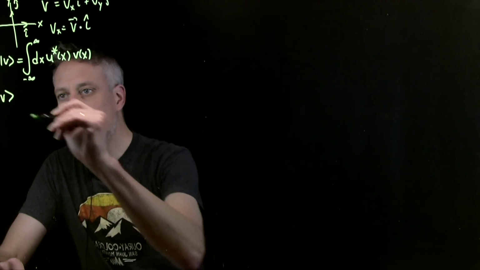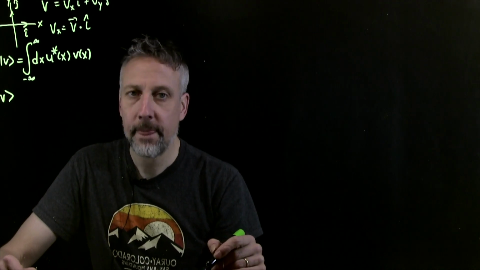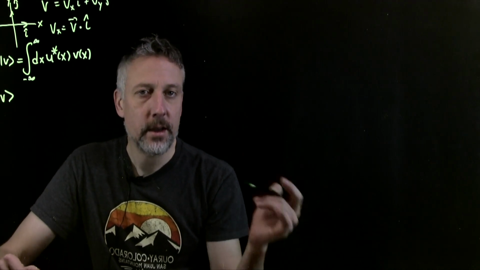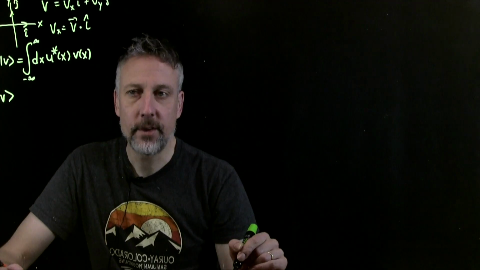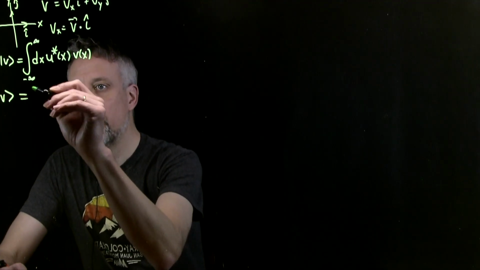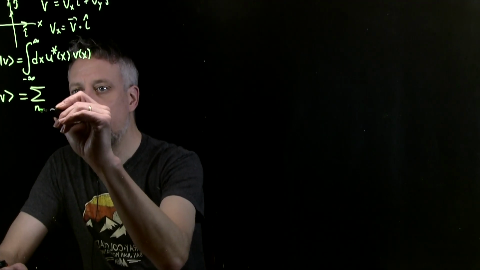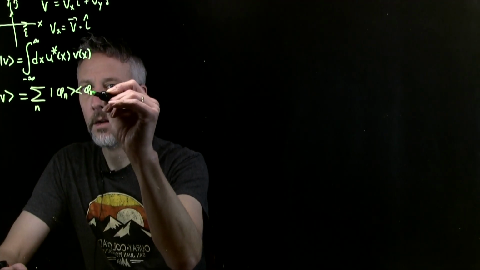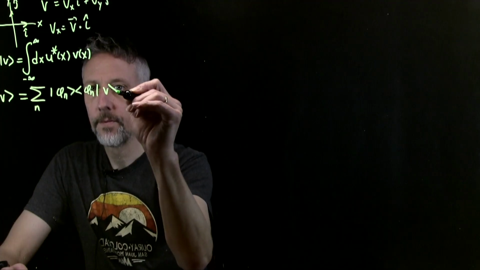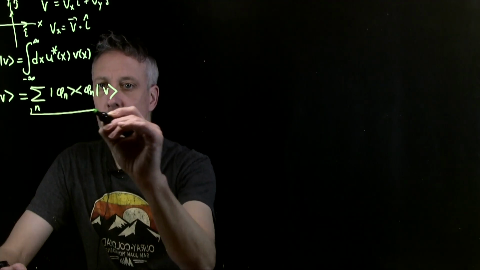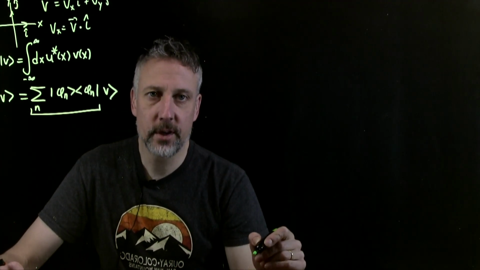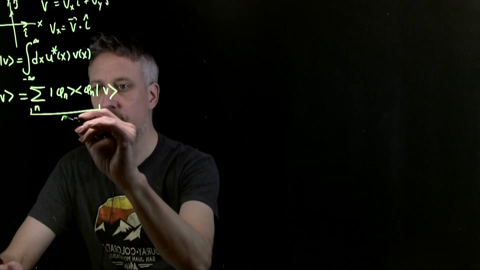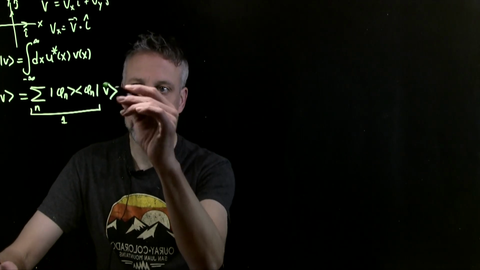I just simply multiply by 1 here, but I multiply by 1 using the eigenvectors of the Hamiltonian for the particle in the box. So I sum over n, we'll call those phi n, v. All right, so this part here is that spectral resolution of the identity. So that's 1, and this is our v.